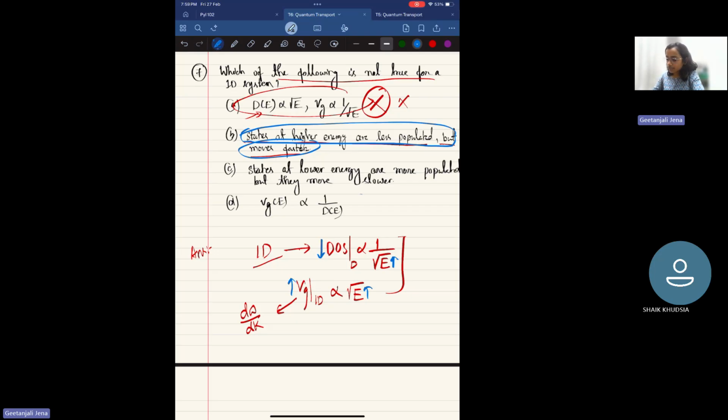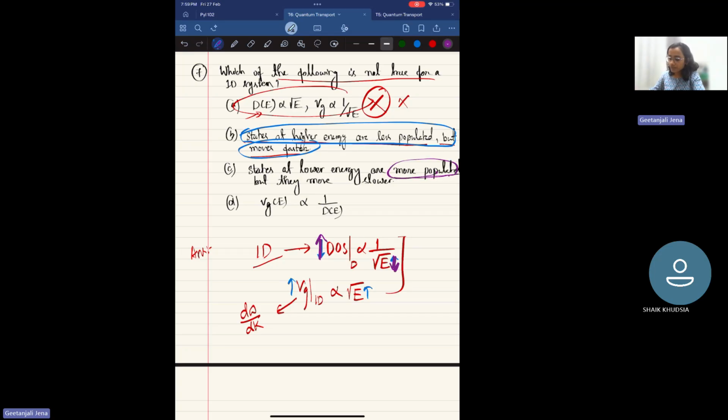Option C, let us see whether it is true or not. It says states at lower energy are more populated, but they move slower. This is also obvious from this relation. When the energy decreases, the density of states will increase, which means more states are there. So the states at lower energy are more populated.